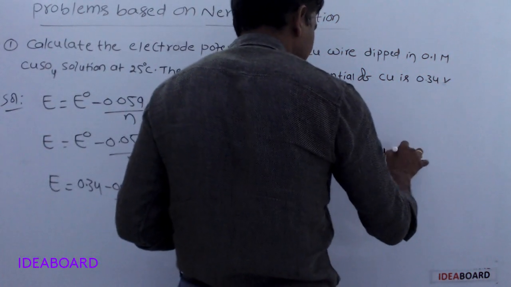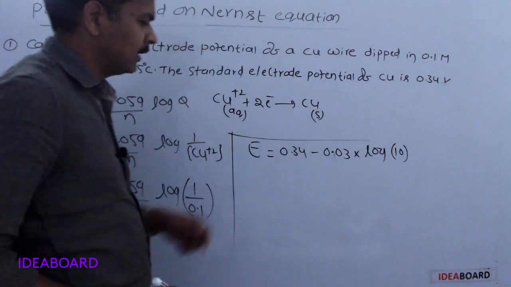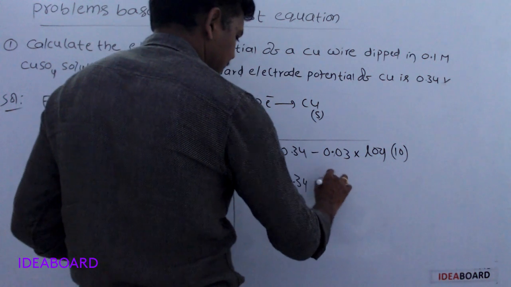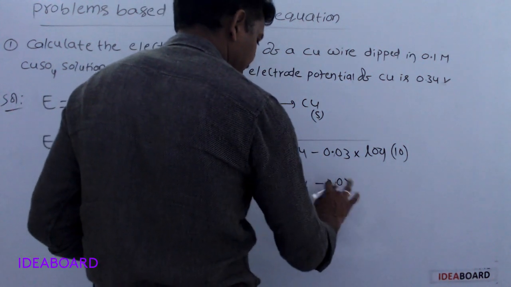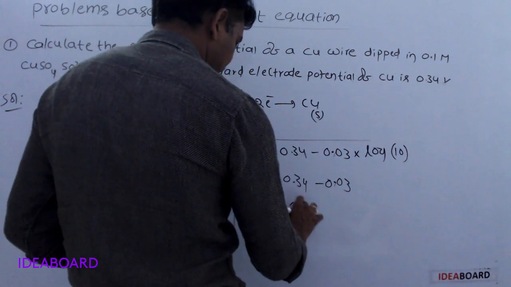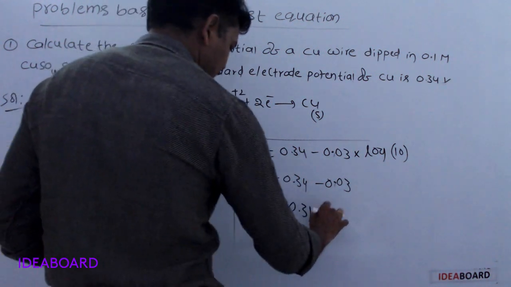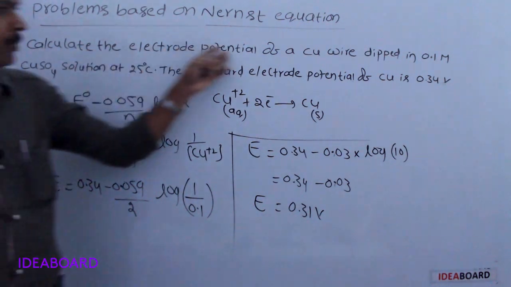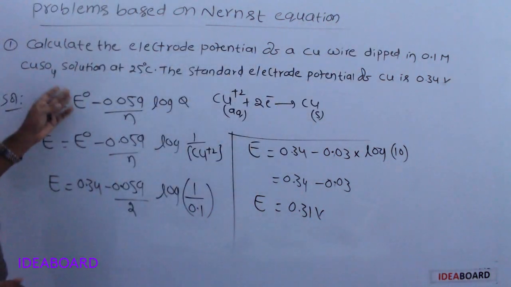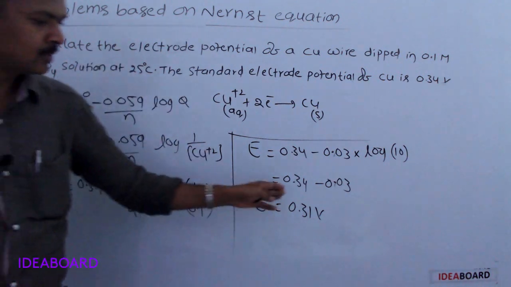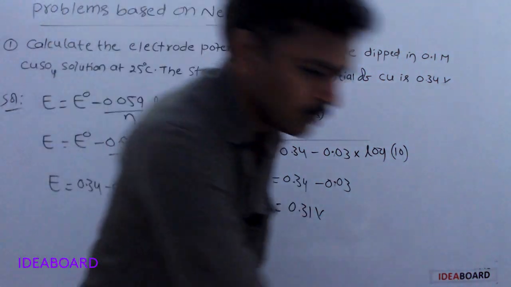Log 10 value is 1. Then 0.34 minus 0.03, this value should be 0.31 volts. So the electrode potential of copper wire dipped in 0.1 molar copper sulfate solution at 25 degrees centigrade is 0.31 volts.